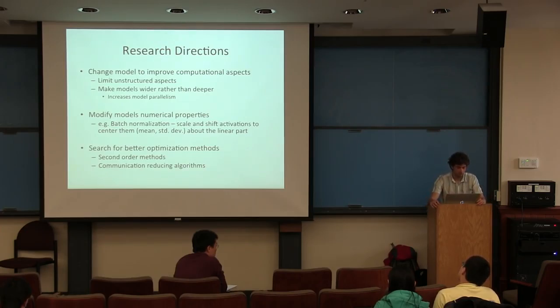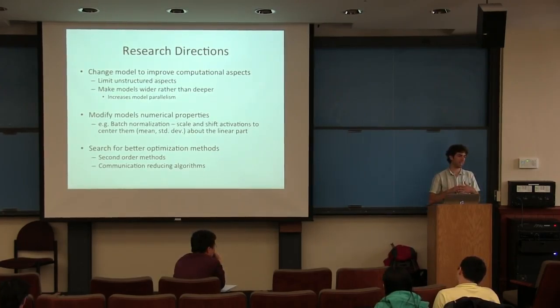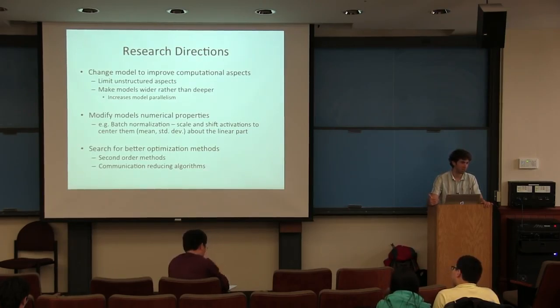If between each set of hidden units you insert a scaling and a constant offset, and you know what the mean and standard deviation of your activations are, you can center those activations around the linear part of your nonlinearity, right?